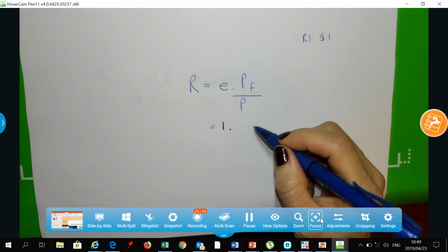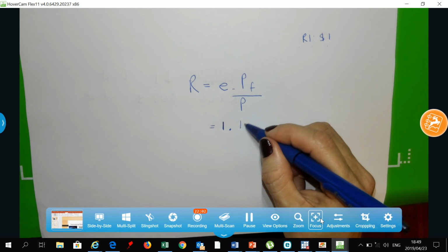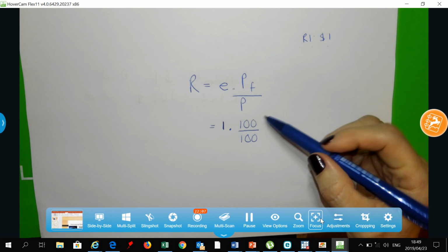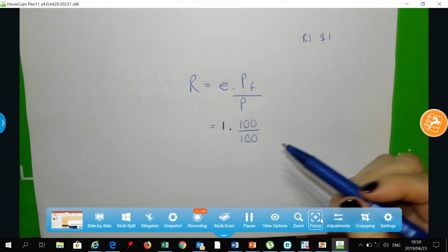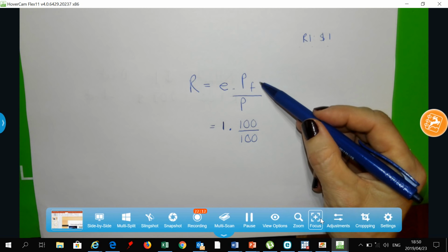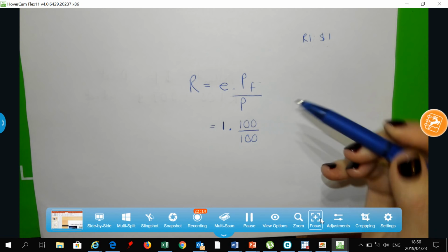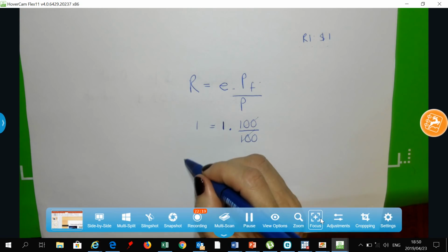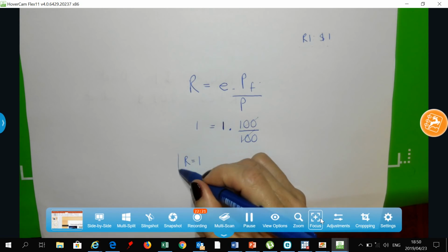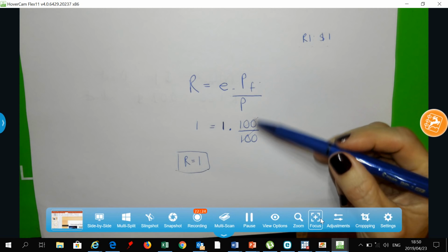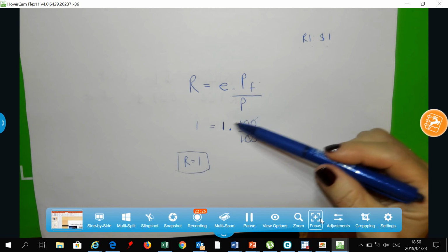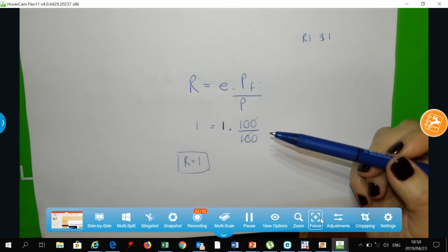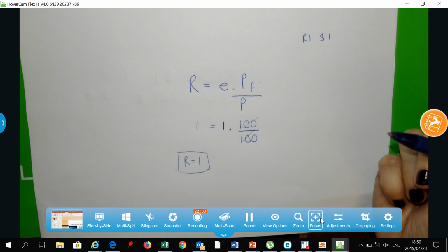If your price level is the same in each country, take it as 100, your price index in each country, both in the United States and in South Africa, you'll see that these cancel each other out and you get a value of 1. So your real exchange rate is equal to 1, and you've got purchasing power parity. When you convert your currency, you can buy the same basket of goods in each economy.